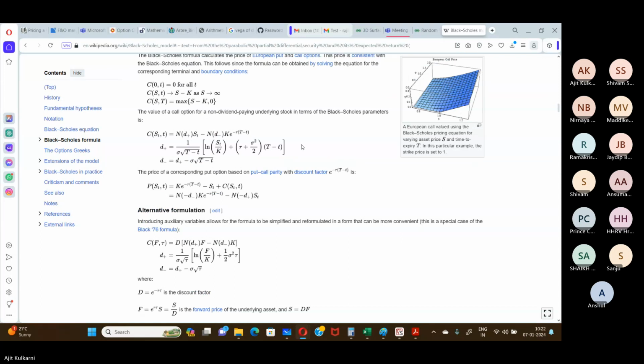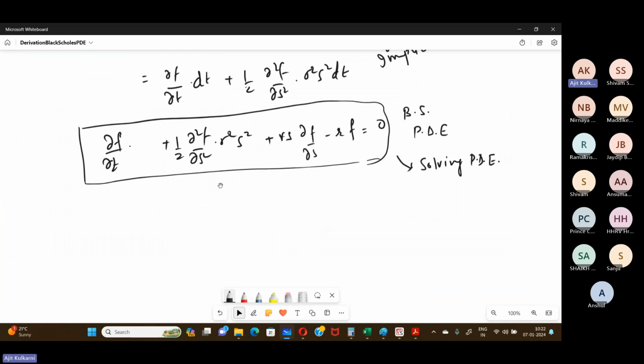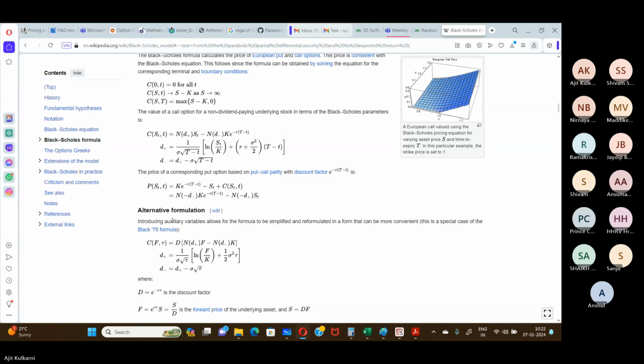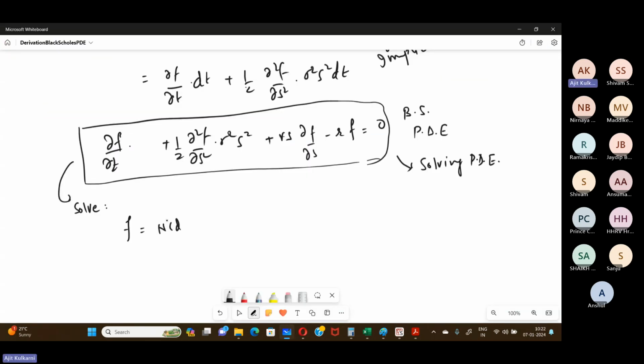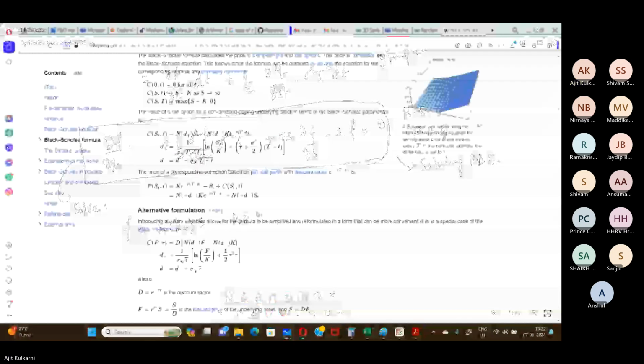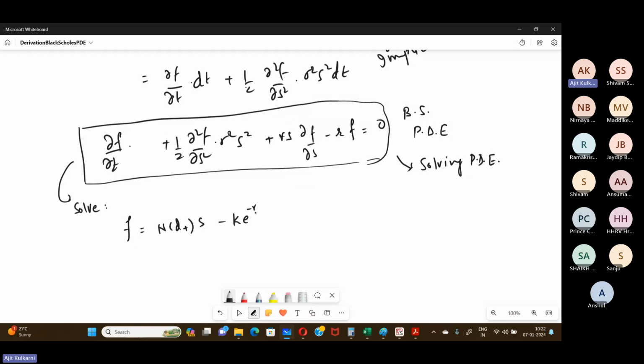Once you solve this for f, you get f is equal to N(d plus) times S minus K into e to the power of minus r into time to expiry into N(d minus).